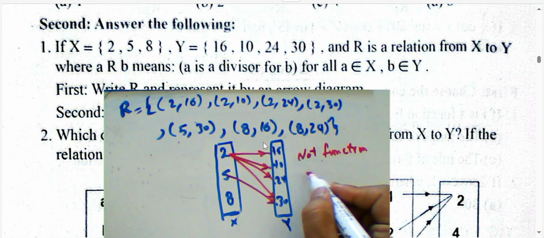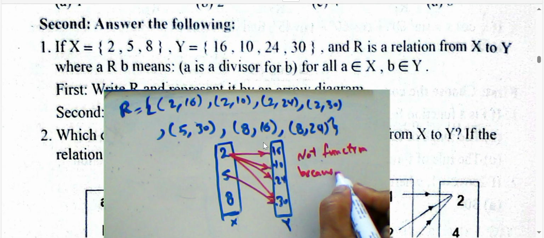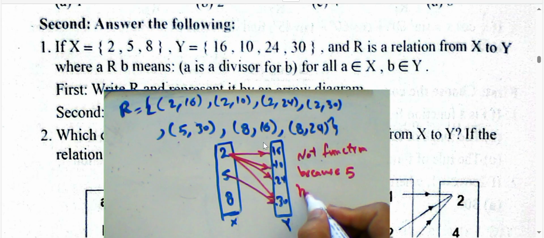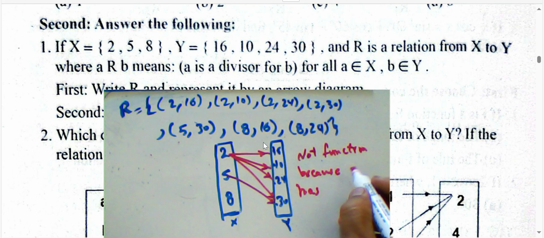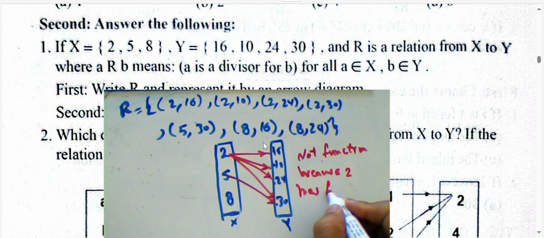Why not a function? Because the element 2 has 4 images. This relation is not a function.